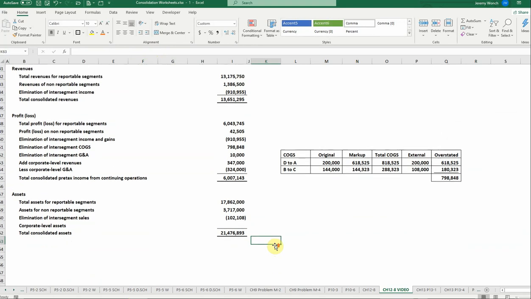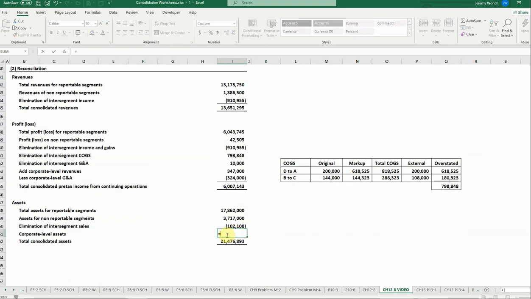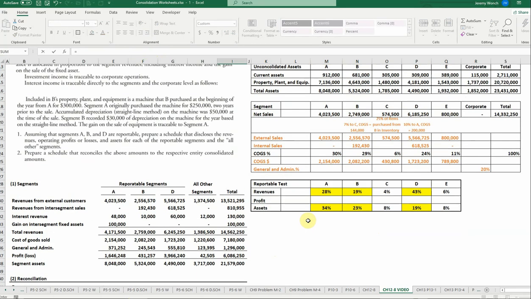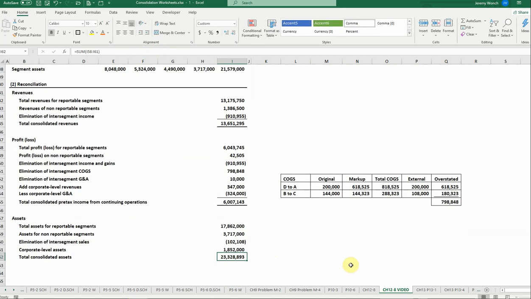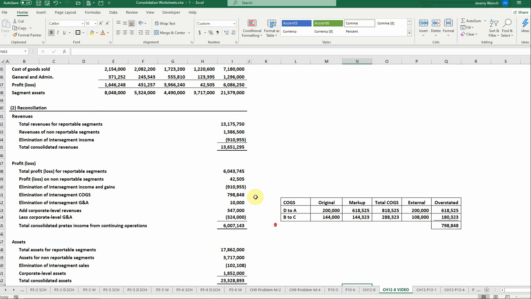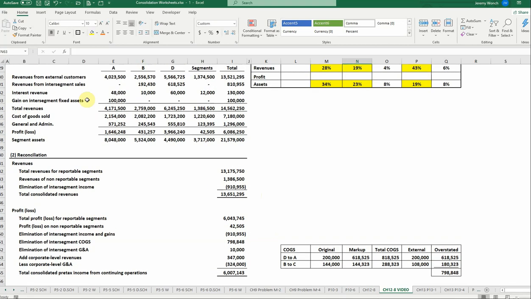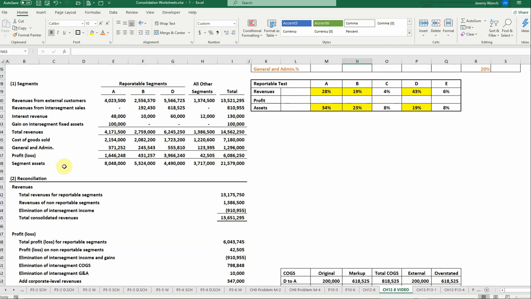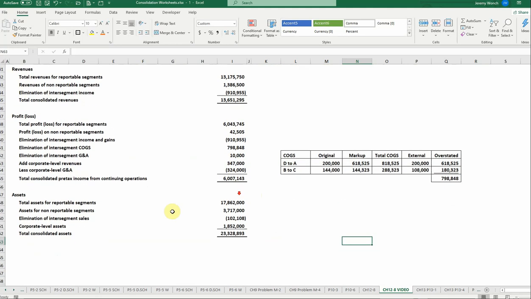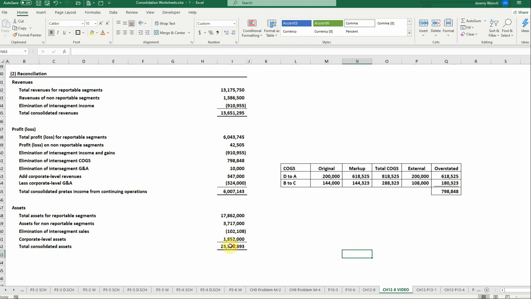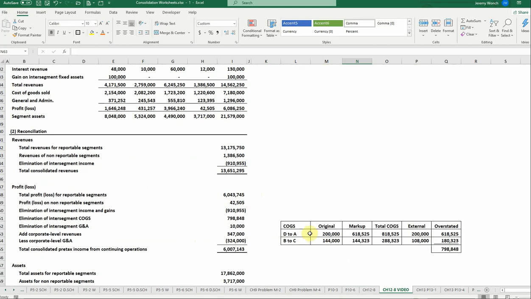And then the next little thing we need to do is just add in the corporate assets, which we have over here, corporate total assets of the 1.8 million. So where we show on our note that total segment assets are 21.5 million, the consolidated balance sheet is going to show 23.3 million.